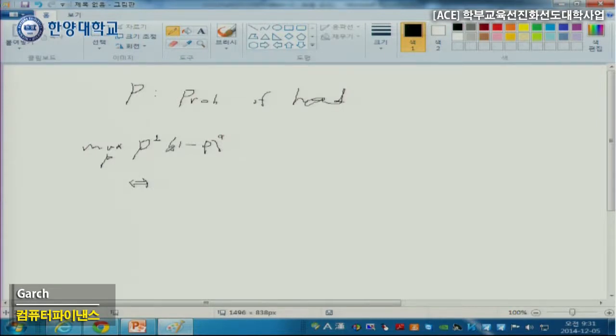So this is the same as max over P of log of P(1 minus P)^9. They should be the same, because log is an increasing function. If P maximizes this one, P should maximize this one as well.